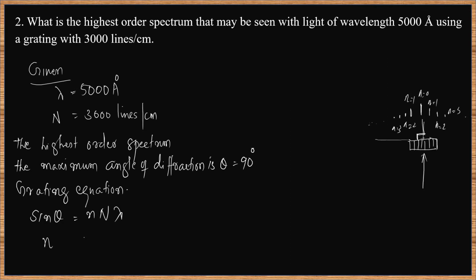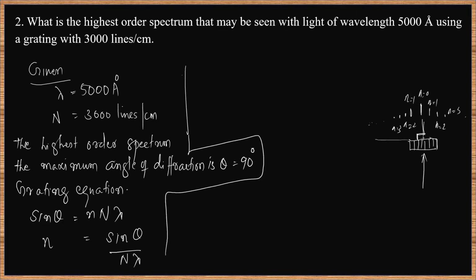n is equal to sin theta by n lambda. So for the highest order spectrum, n maxima is equal to sin 90 by lambda.